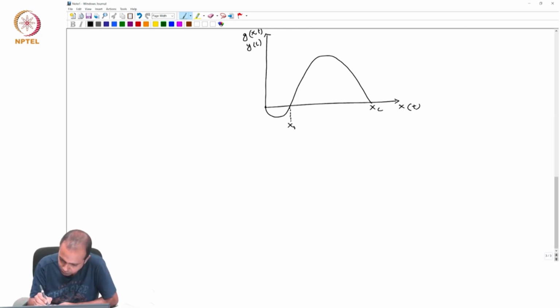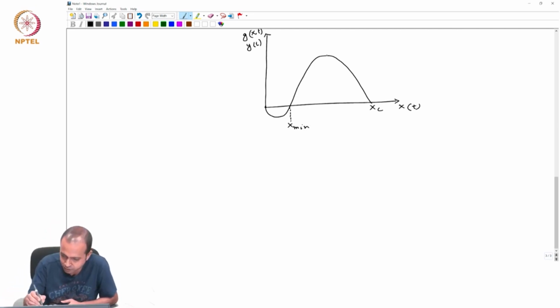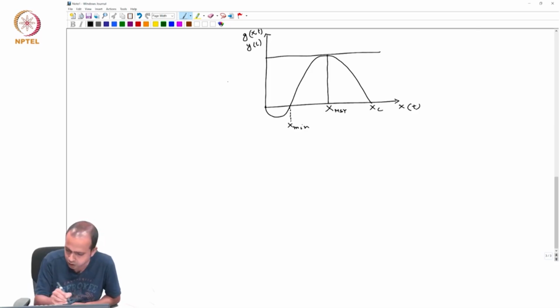Okay. Now, in this diagram, this is the maximum, this is x MSY, that means the stock corresponding to maximum sustainable yield, and this is, I will say, the maximum sustainable yield.